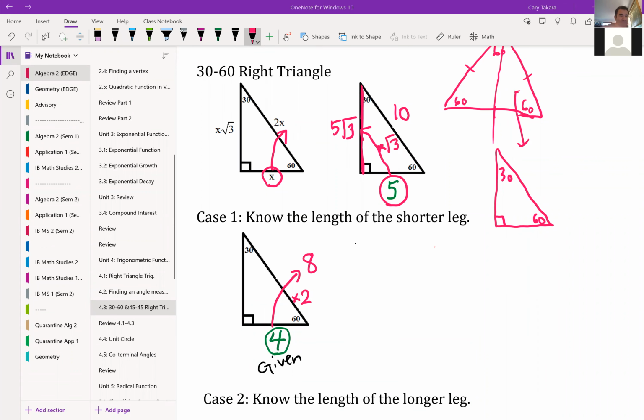If it's 4, it's going to be 8. If it's 5, it's going to be 10. If it's 6, it's going to be 12. Double, half relationship. And if you know the short leg, you can also figure out the other leg. How do you do that? You multiply by square root of 3. So it will be 4 square root of 3.